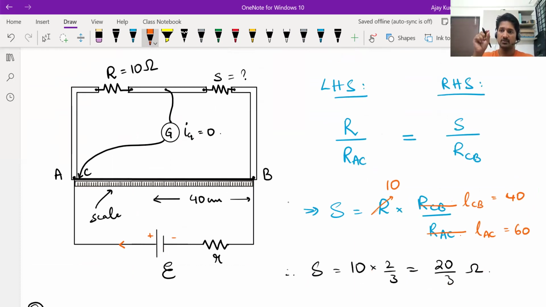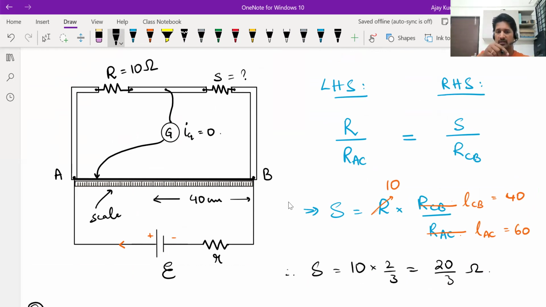When the jockey is connected all the way at A, you will see more current flowing through the galvanometer. If you shift it slightly away, you will see the current decrease. You shift it further away, the current in the galvanometer decreases further. That is how you can realize that you are approaching the balancing point or the balancing length.